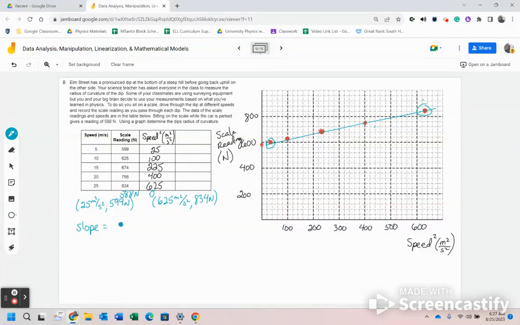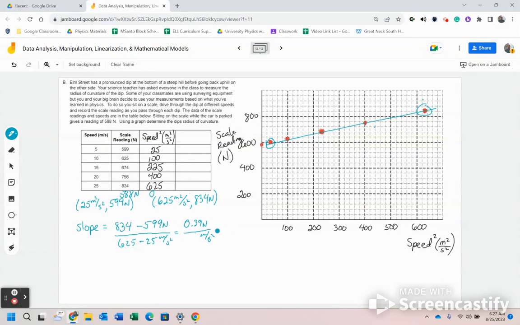So the slope in this case is going to be 834 minus 599 newtons divided by 625 minus 25 meters squared per second squared, which would equal 0.39 newtons over 600 meters squared per second squared.